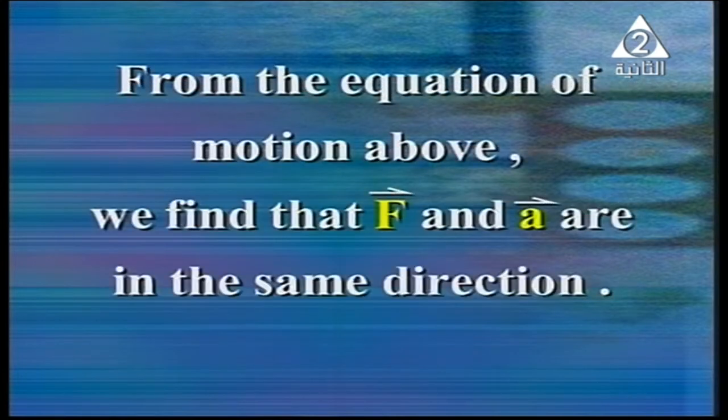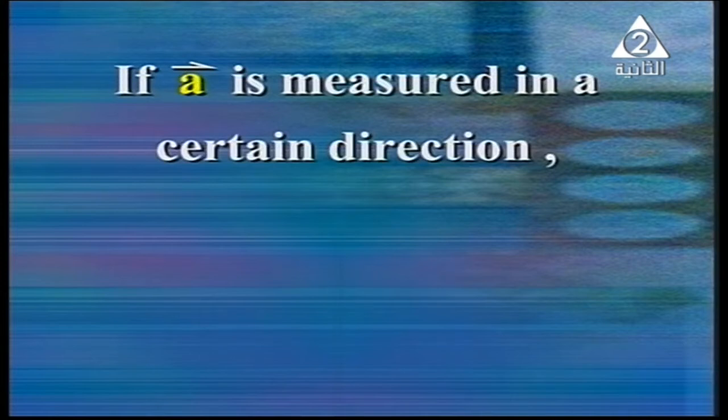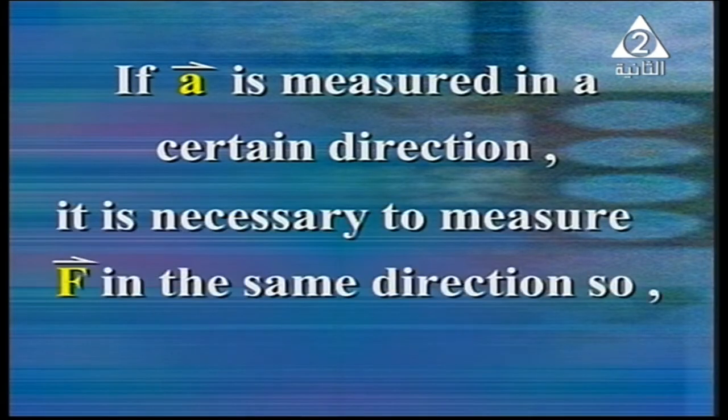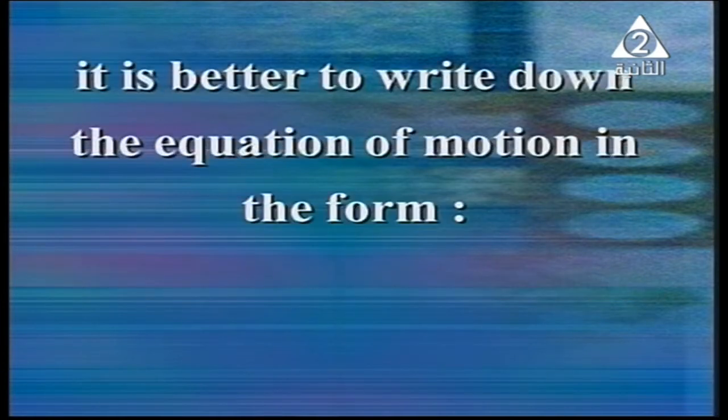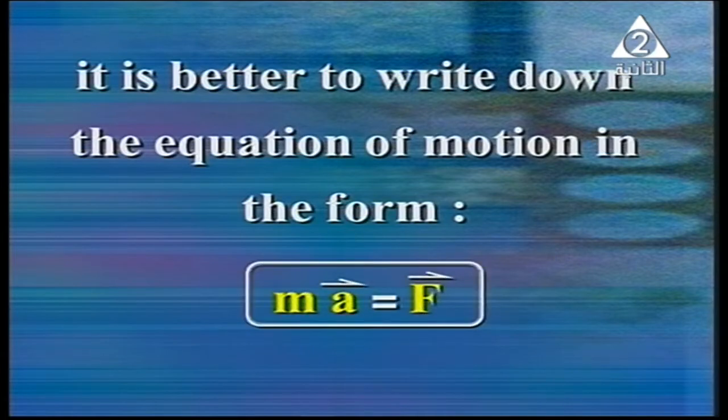From the equation of motion, we find that F and a are measurable. If a is measured in a certain direction, it is necessary to measure F in the same direction. So it is better to write the equation of motion in the form m a vector equals F vector.